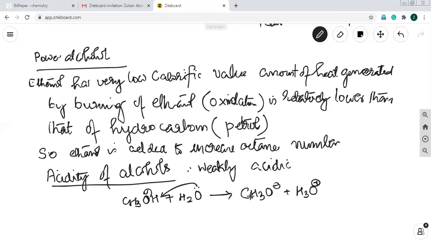Okay, so it is weakly acidic. The equilibrium is far towards the left hand side, far in the backward direction.